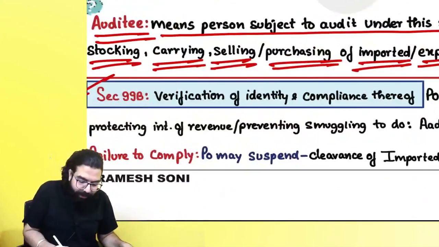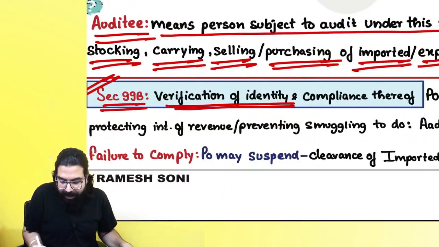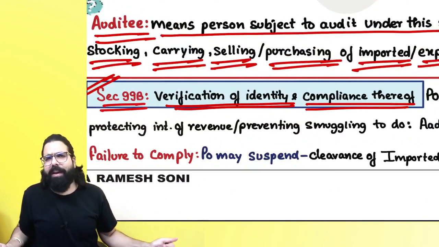Now, the last one over here is section number 99B, verification of identity and compliance thereof. What do you mean by verification of identity?